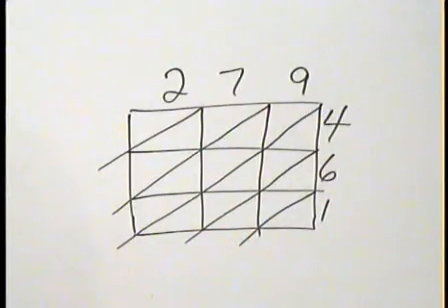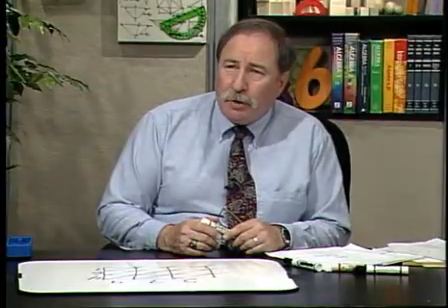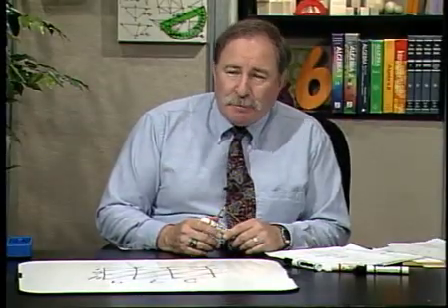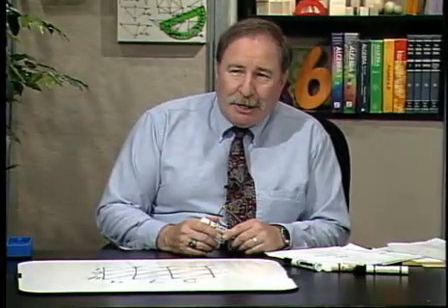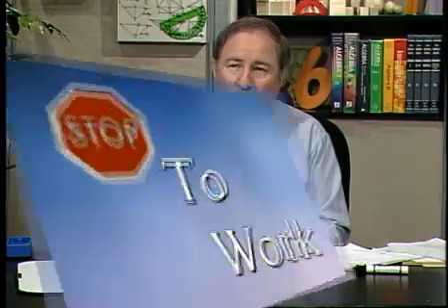Well, 3 times 4 is 12, and there are 4 zeros, so that'd be 120,000. So our estimate will be 120,000. Let's go ahead and multiply now. So go ahead and stop the tape, multiply this out using the lattice method, look at your answer, and come back, and we'll see how I do it.